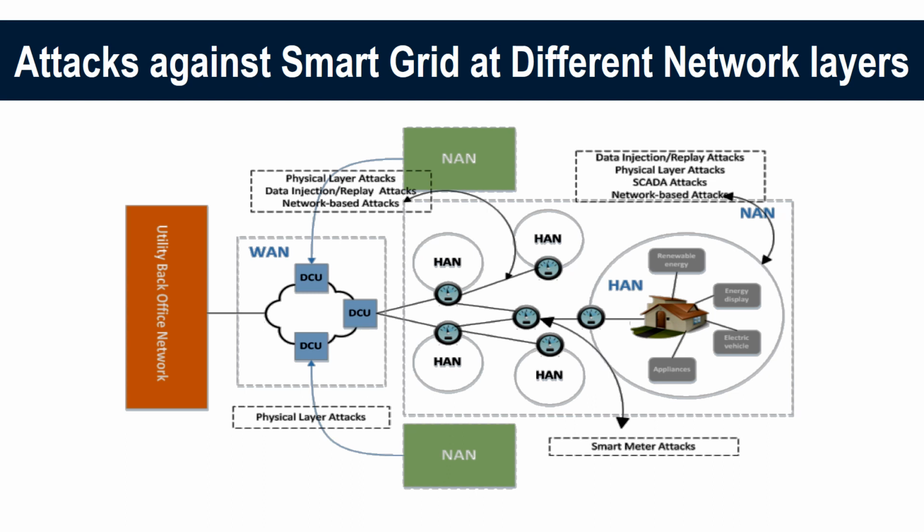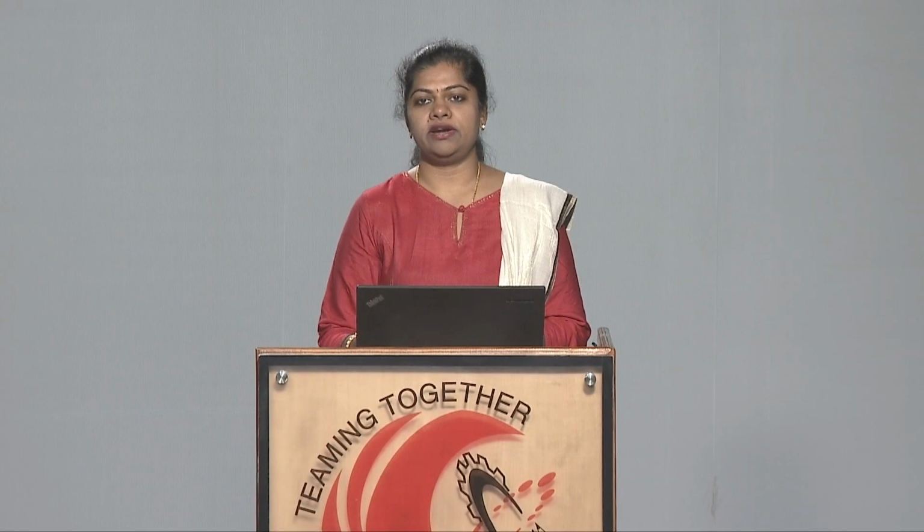When you come to the WAN, wide area network, here again at the DCU level, there will be injection of data, cyber security network based attacks, and physical layer attacks. All this can happen even at the wide area network, at the distribution and transmission, and also at the generation. So at different network layers, different kinds of threats can come.